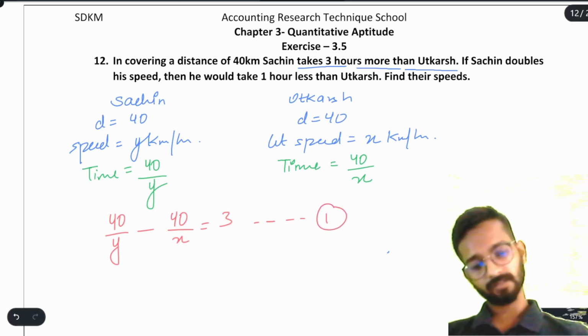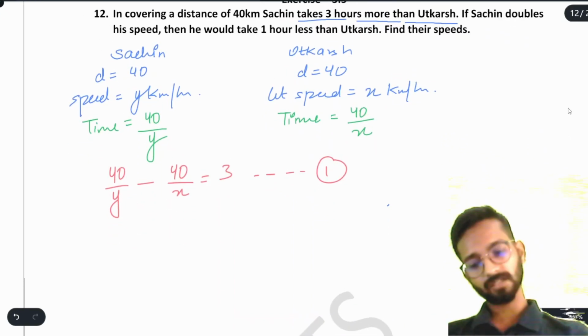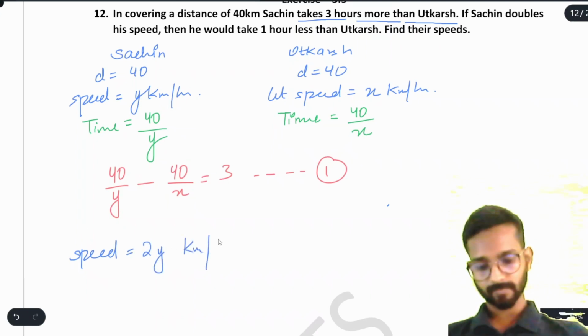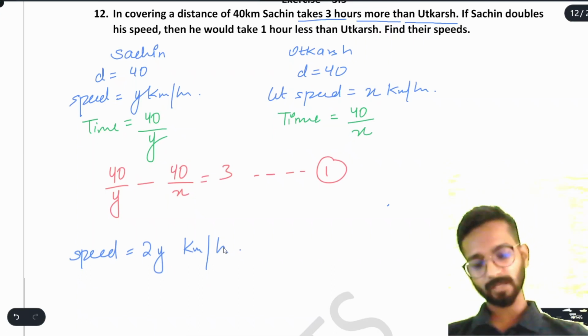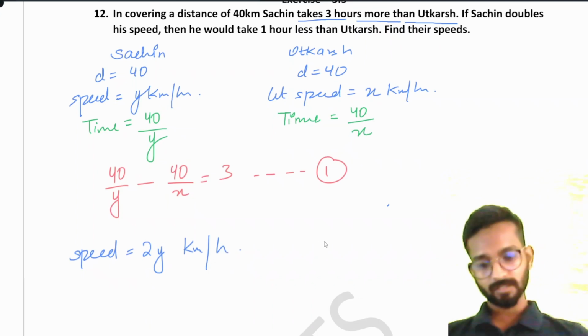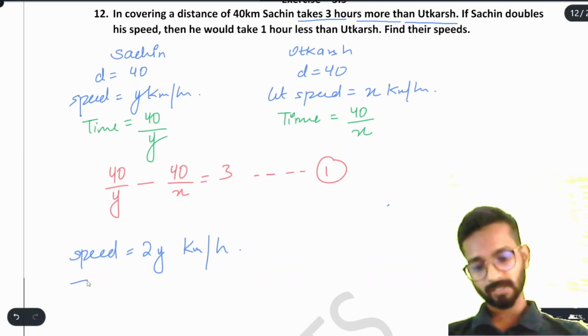They say that if Sachin doubles his speed, it means Sachin's speed will be 2y kilometers per hour. If Sachin's speed is doubled, he would take 1 hour less than Utkarsh. It means 1 hour less. So his time would be 40 by y only.